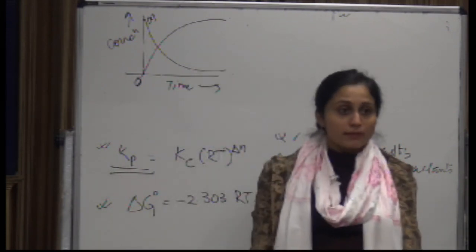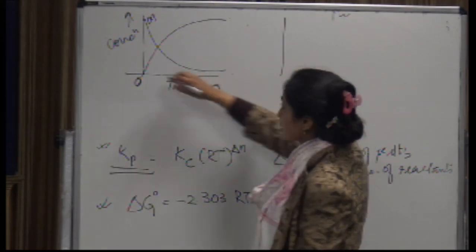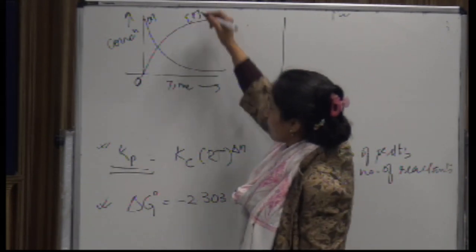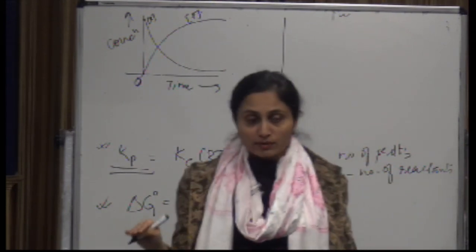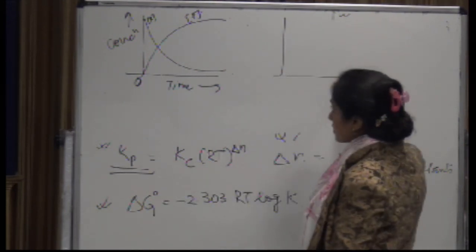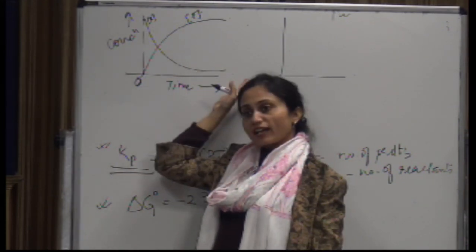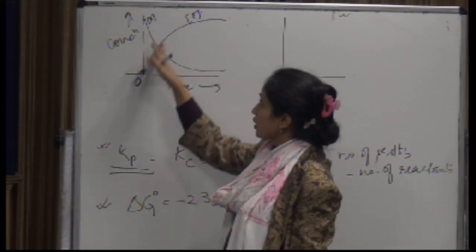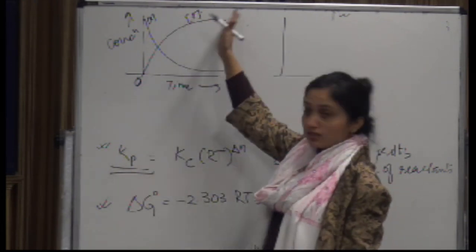Alright, so in many of the books you will find that the equilibrium reaction is also shown like this. Now this is for the increase in the concentration of products, but there comes a time when both reactant and products are in equilibrium state. This is for a general reaction. For a general reaction, you know that the concentration of reactant will reduce and the concentration of products will increase at a particular time and then become constant at a particular time.